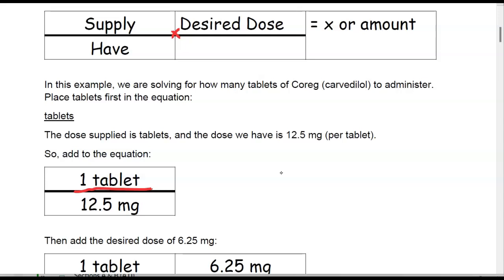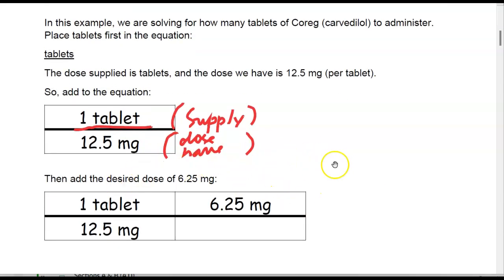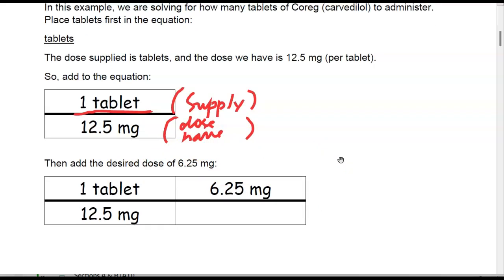So that is your dose. Basically, this is how it's supplied, how you administer it, and this is the dose that you have. Then add the desired dose of 6.25. We're building on this formula.